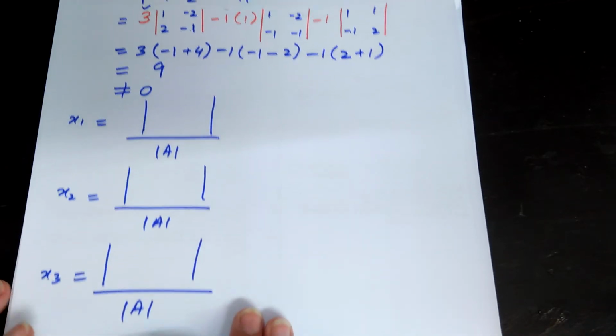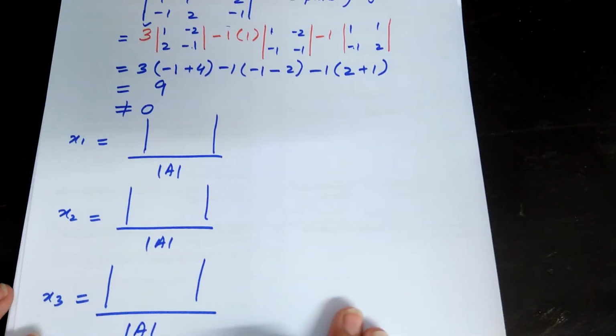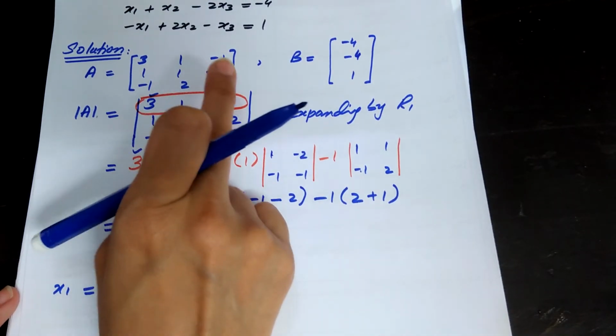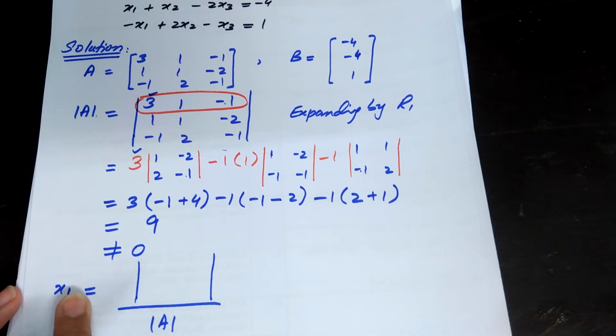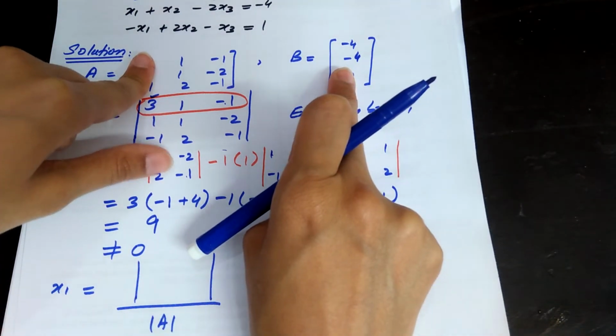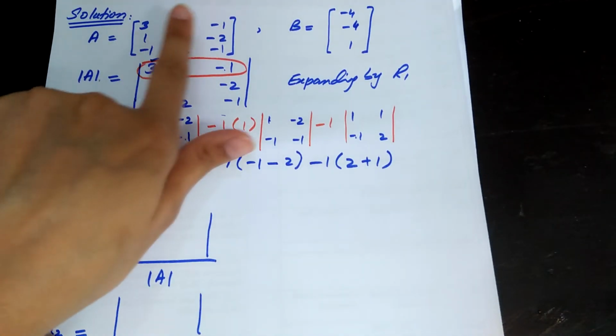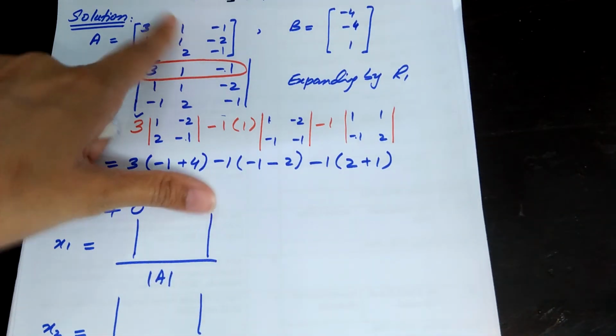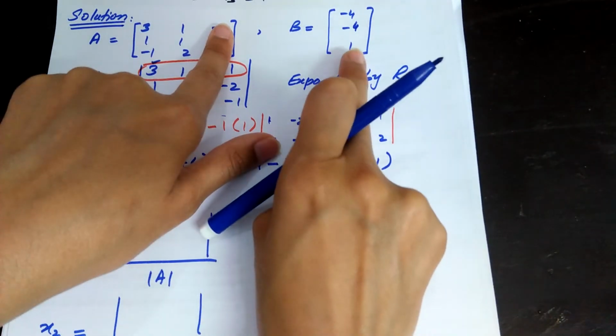Now the question arises, what comes in this determinant? This determinant will be the A determinant, but for x1 you have to replace your first column with b. For x2 you have to replace your second column with this b. For x3 you have to replace your third column with this b.